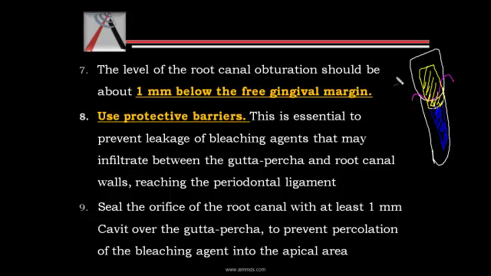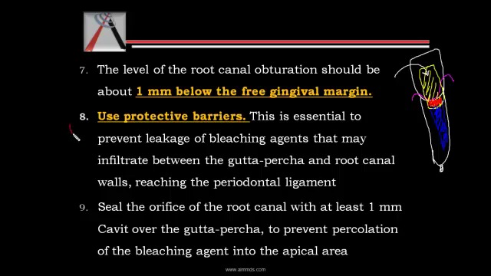But if we place our walking bleach directly in this zone, these caustic agents, the H2O2 and sodium perborate, will infiltrate through the gutta percha and through the spaces around it, and it will reach the periapex, and it may result in inflammation of the periodontal ligament. We do not want this to happen, so we have to place a barrier that will prevent the percolation of the bleaching agents into the gutta percha.